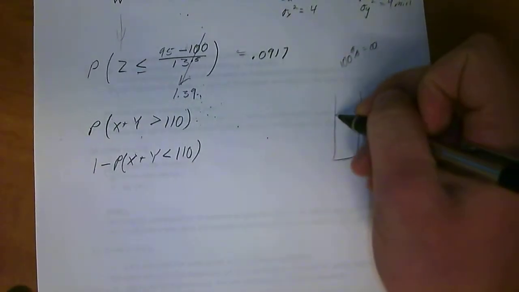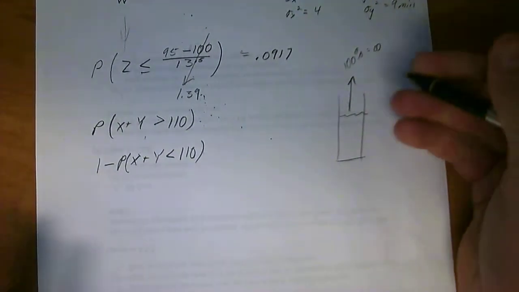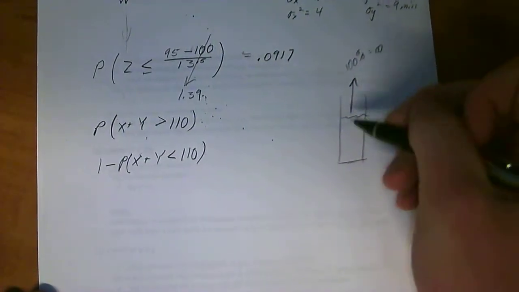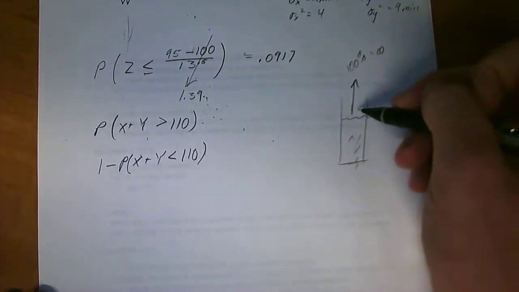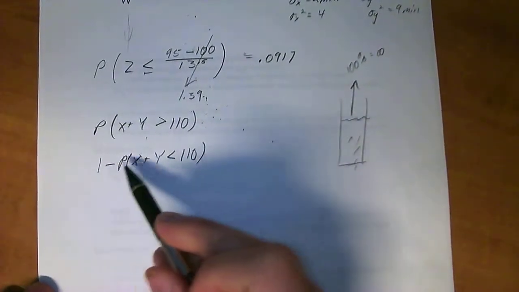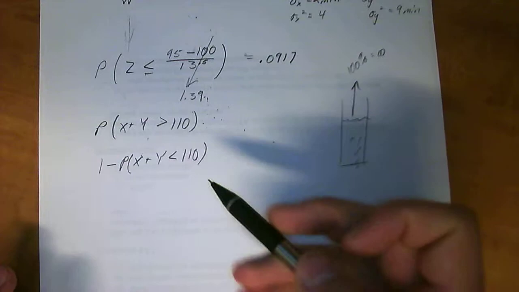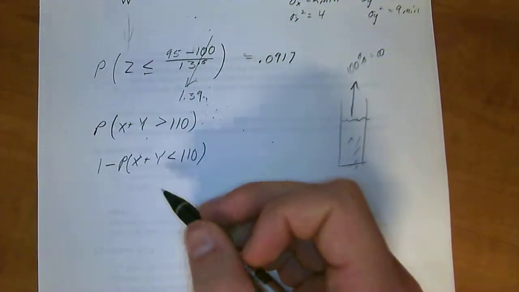Going from here to infinity, all of it has to equal 100%. So if you take 100% and subtract this part, you will get the level to infinity. That's why you do 1 minus the probability of x plus y less than that. Just flip the signs and subtract.